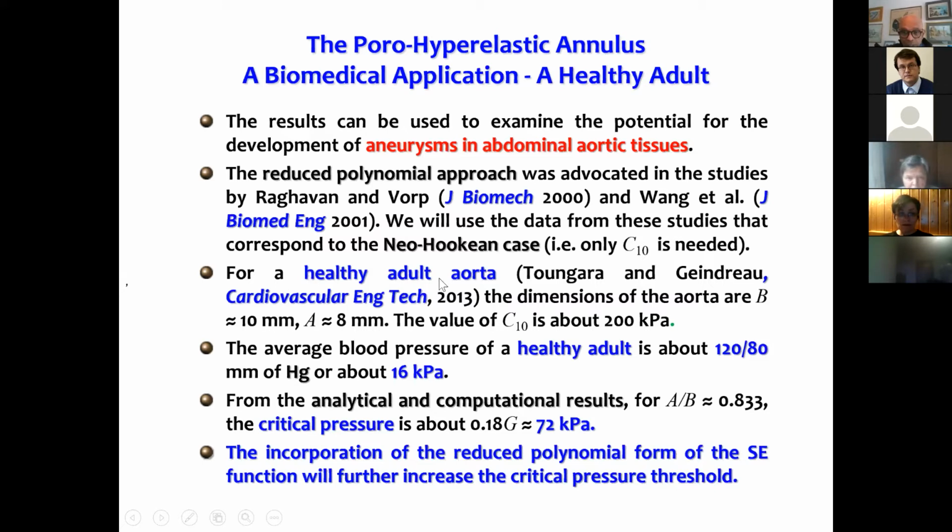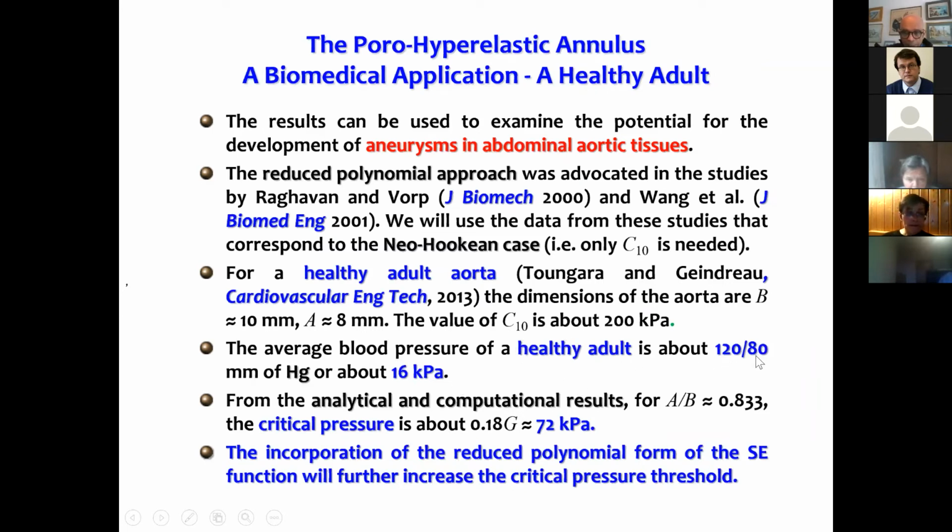If you take a healthy adult aorta, the inside diameter is 8 millimeters and the exterior diameter is 10 millimeters, or 1 centimeter, for example. The value of C10 is about 200 kilopascals.